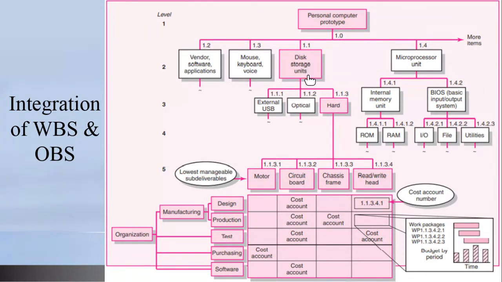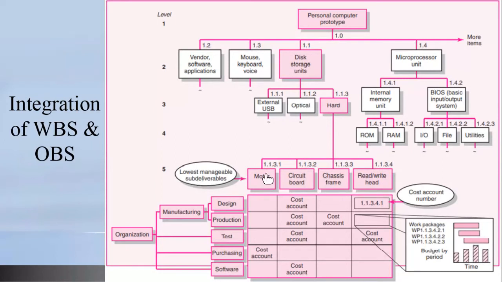For disk storage, we had described that we broke it down further to a level 3 set of deliverables. But the level 3 sets of deliverables were further broken down. We broke down the hard drive to the lowest manageable sub-deliverable or sets of activities.